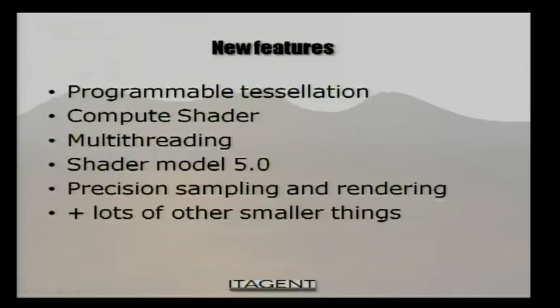Then precision sampling and rendering: there have been improvements in the requirements, such as bit depth precision when sampling from textures and stuff like that. And then there's programmable anti-aliasing, so you can query a lot of things about the geometry of a pixel in the pixel shader. Then there are a lot of other things which I will mention after the session.